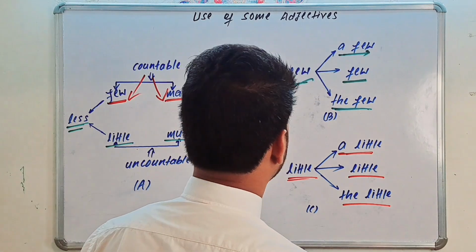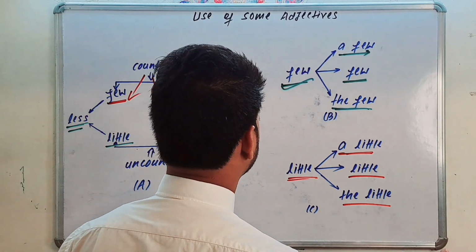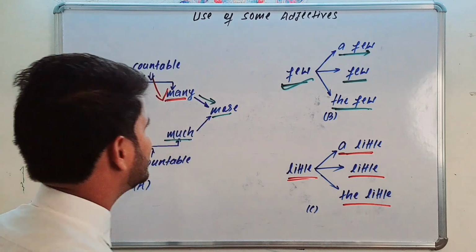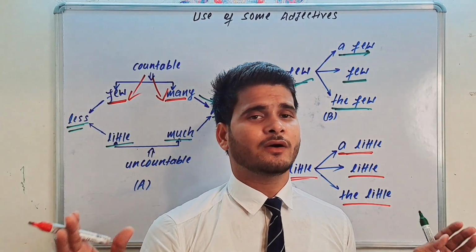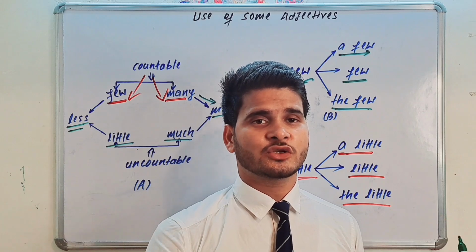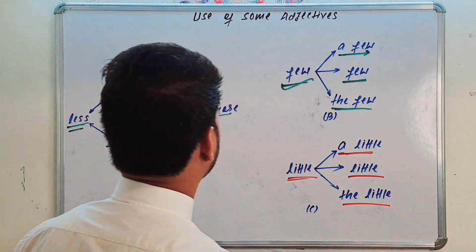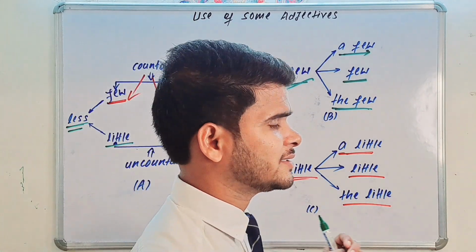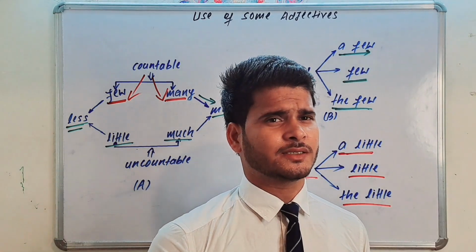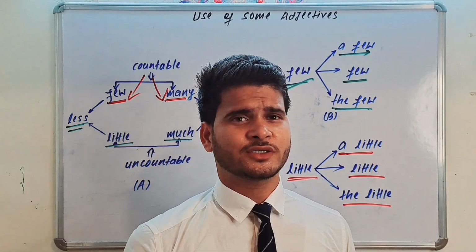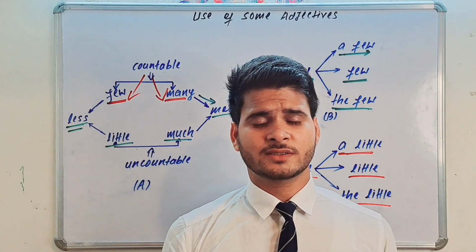Quantity, sometimes quality too. So if you have any doubt related to this video, comment down below. And now we will solve some questions based on the use of some adjectives: adjectives of number, numeral adjectives, adjectives of quantity, quantifiers.